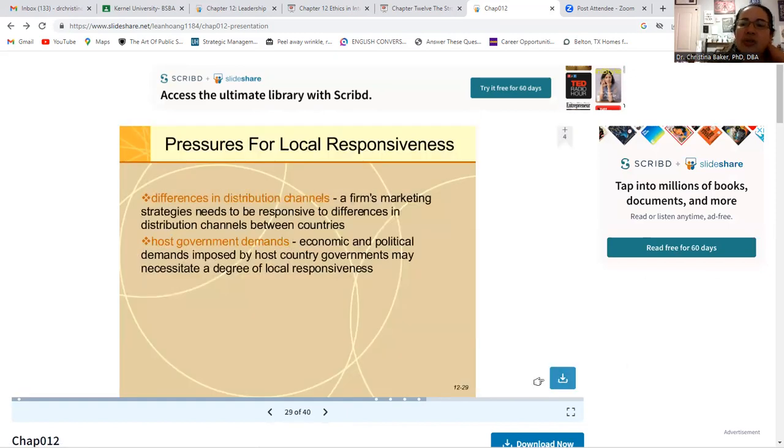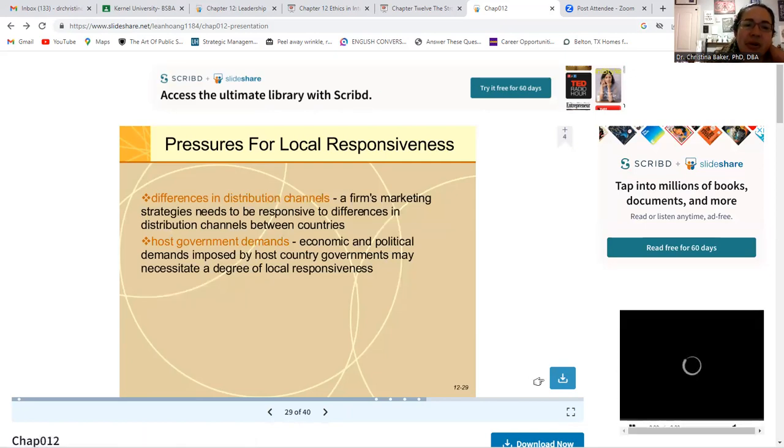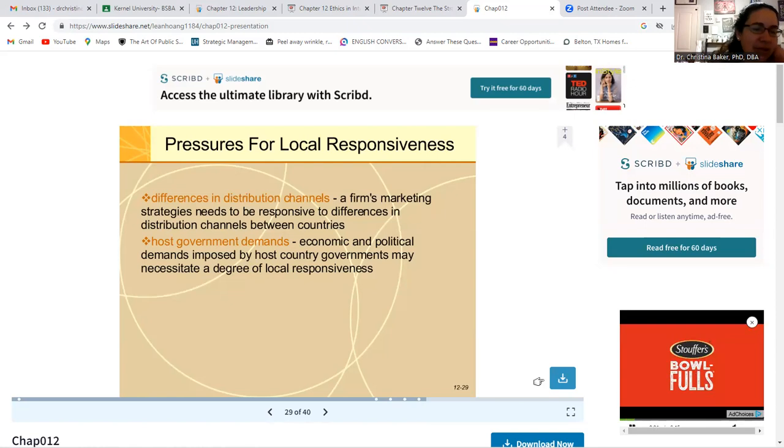Differences in distribution channels: a firm's marketing strategy needs to be responsive to the differences in distribution channels between countries. Host government demands: economic and political demands imposed by host countries. Governments may necessitate a degree of local responsiveness.